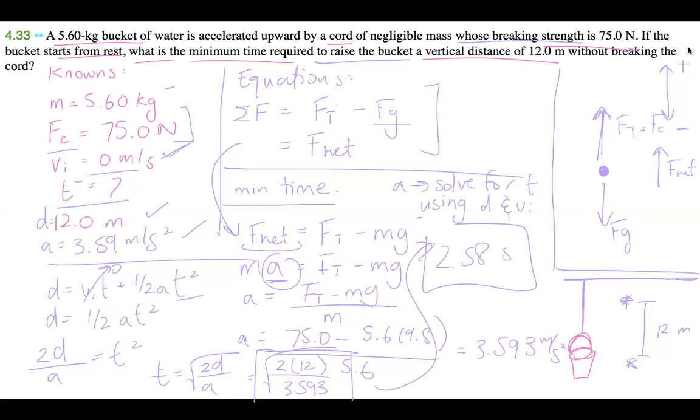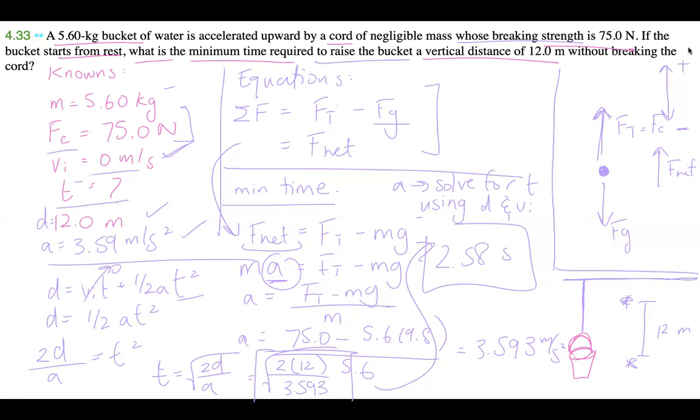Now, one question you might have is, let's do a little bit of exploratory work and see what will happen if the time is greater than this or if it's smaller than this, right? So from the question, we can tell that the minimum amount of time means that if we take longer than this, it should be fine.